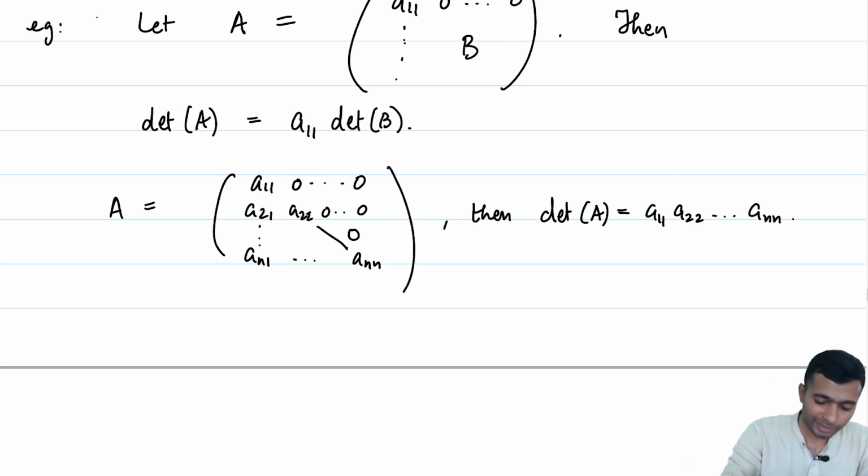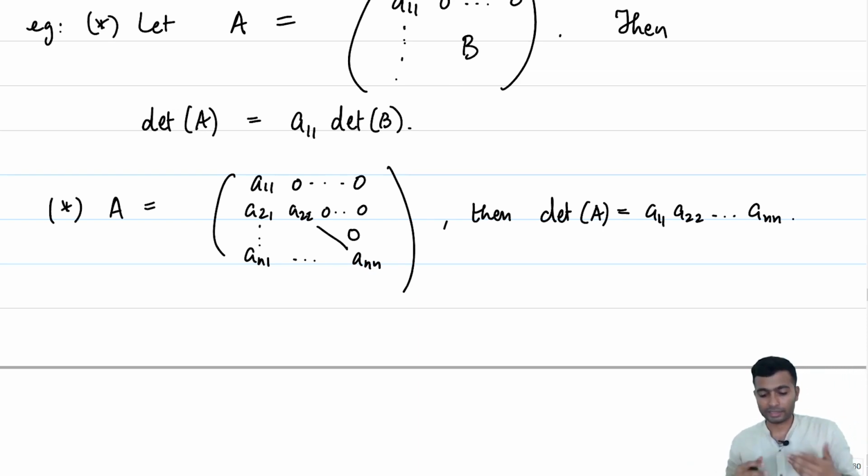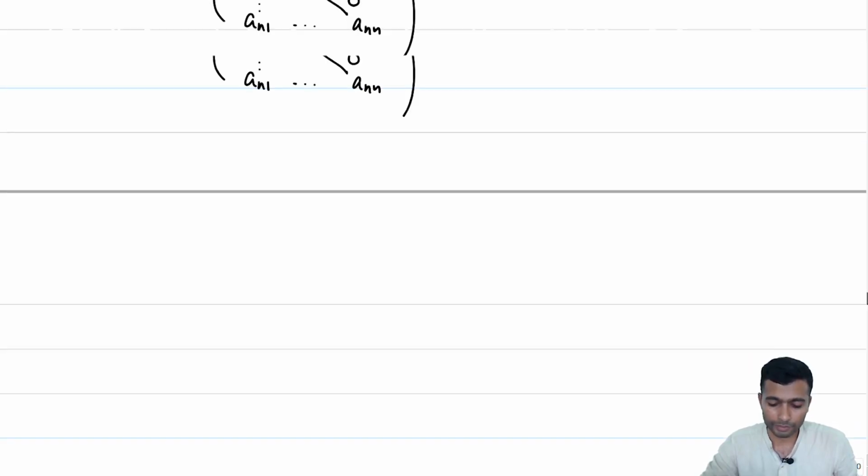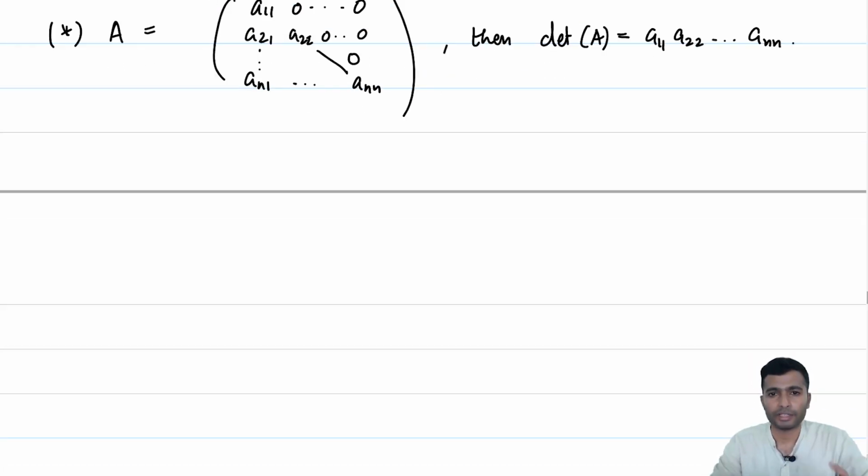Should check that this is indeed true. In particular, if you take a diagonal matrix, then the determinant of the diagonal matrix is just the product of the diagonal entries.